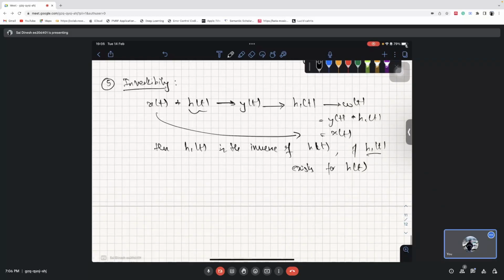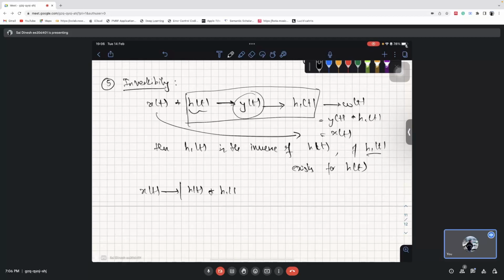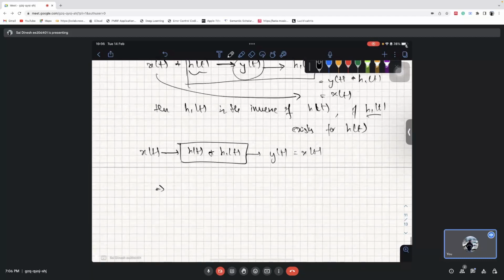So this is an intermediate output, and the system is this one. Basically, if we have x of t going through h of t and then convolving with h1 of t, and we get y of t which is equal to x of t, when will this be equal to x of t?